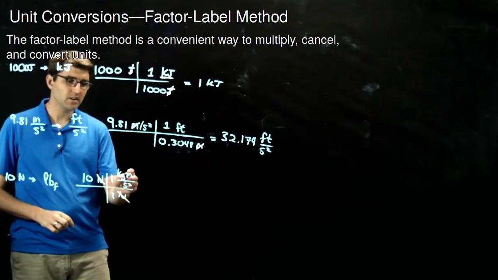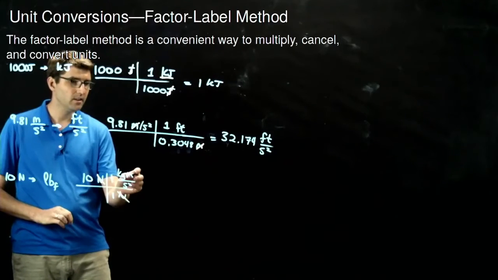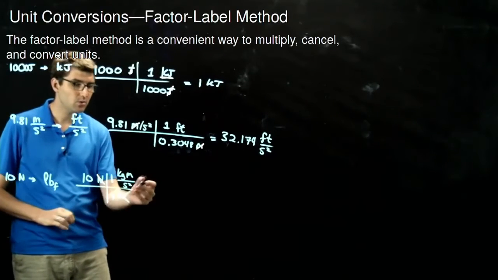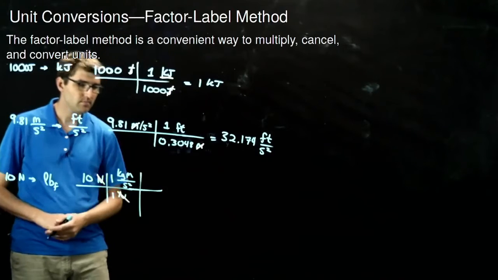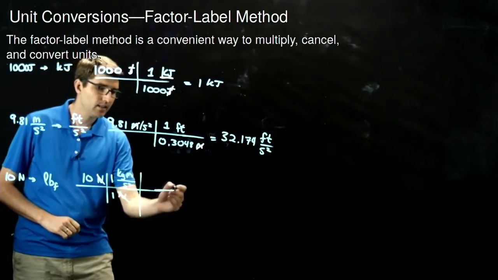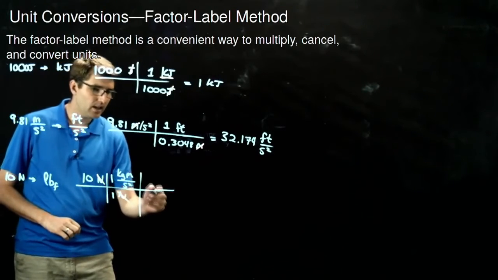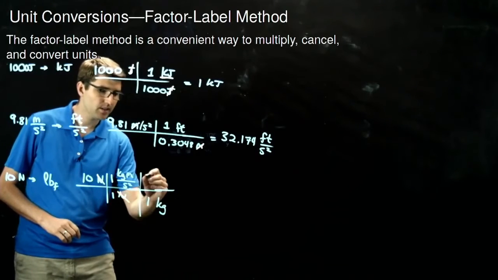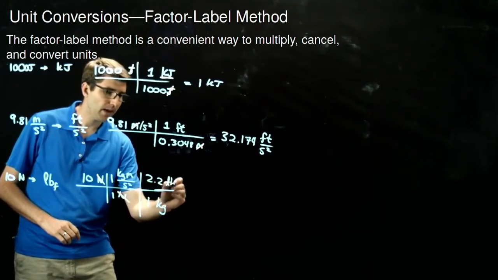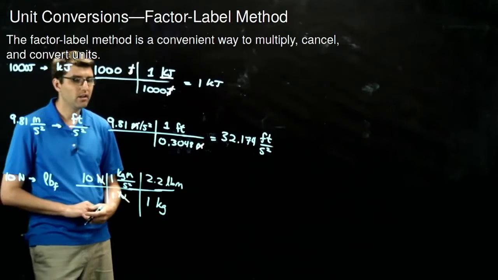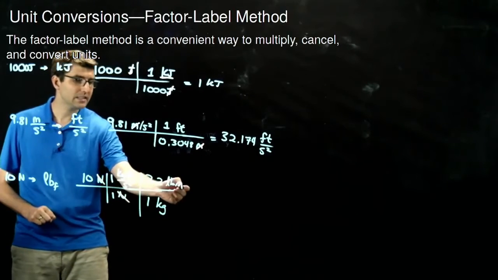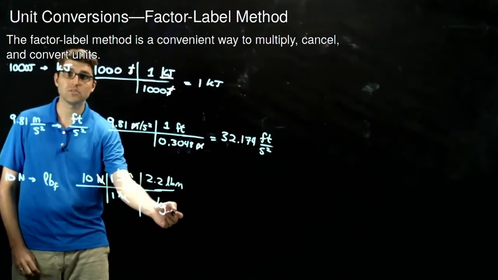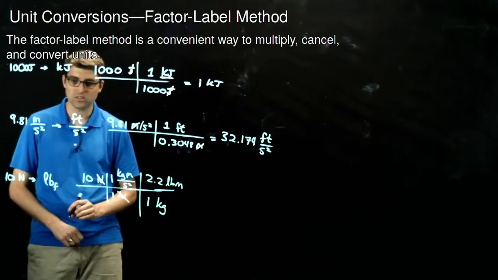Now I need to convert the kilogram and the meter from SI to English engineering. Okay, so in the next box, let's do the conversion here. 1 kilogram is approximately equal to 2.2 pound mass. Remember here that I'm using pound mass because I'm converting dimensions of mass, not dimensions of force.